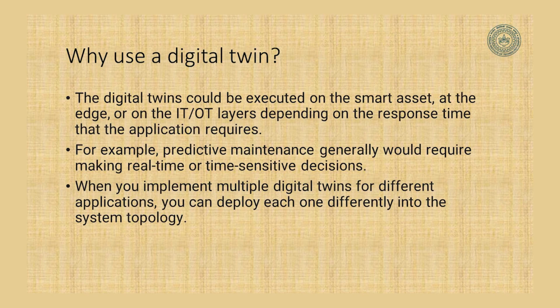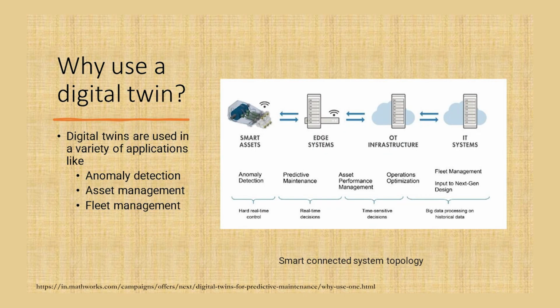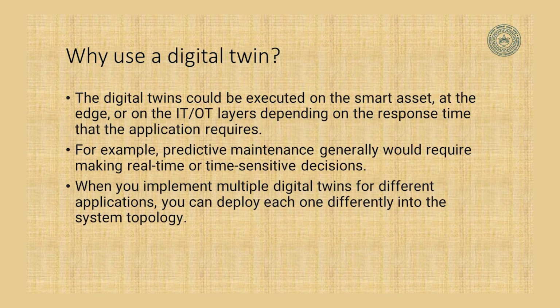So, you may create a digital twin for anomaly detection, you may create a different digital twin of the same system for predictive maintenance, another digital twin for asset performance management. Then you can deploy each one differently onto the system topology. Okay, so, you can deploy each digital twin differently.